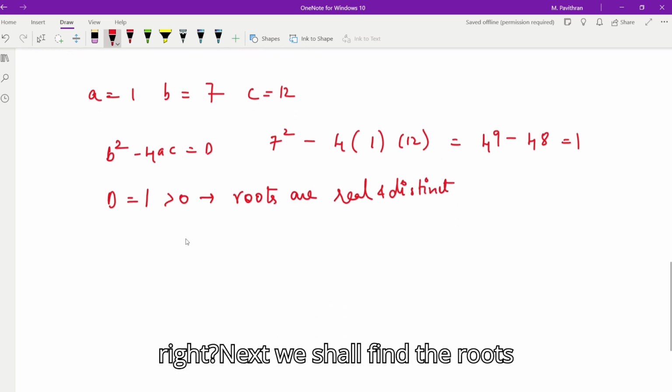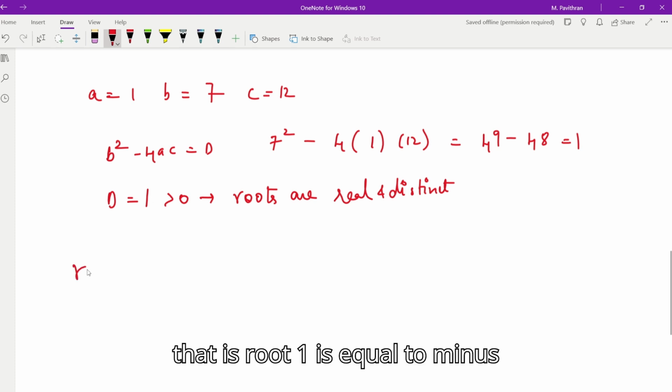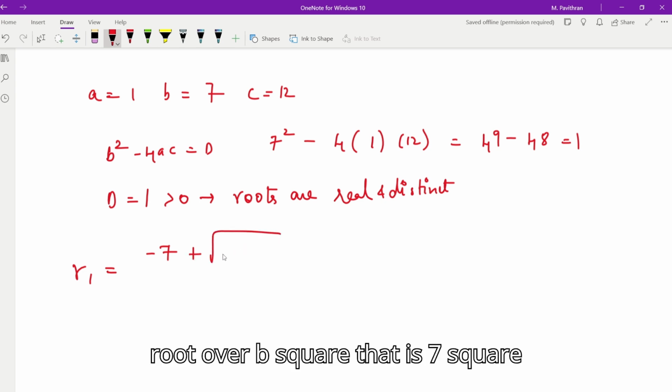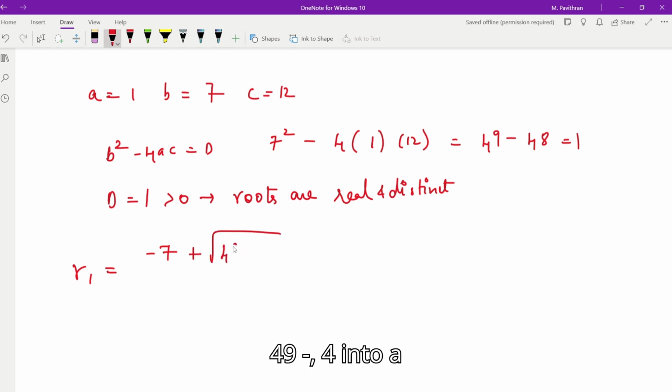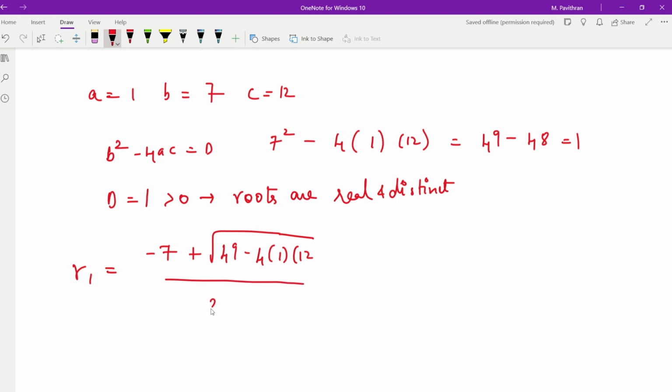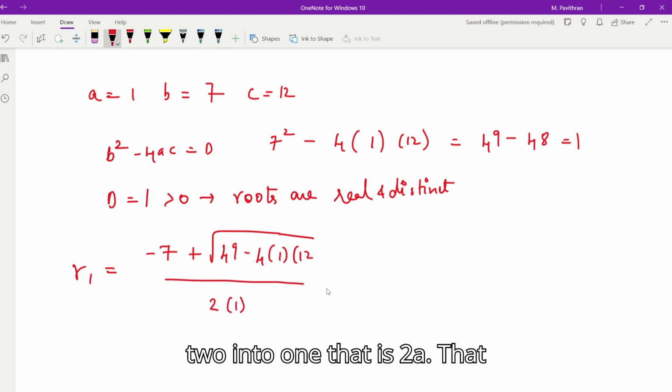right? Next, we shall find the roots, that is root 1 is equal to minus b, minus 7, plus root over b square, that is 7 square 49, minus 4 into a is 1 and c is 12, right? This is entirely divided by 2 into 1, that is 2a.